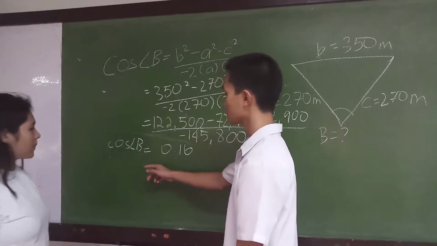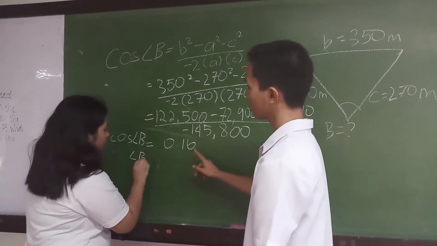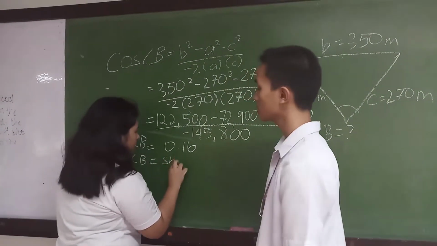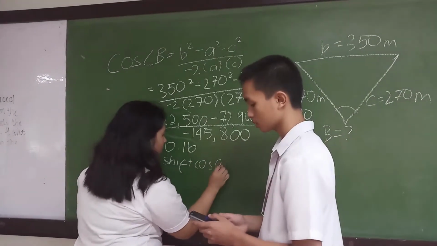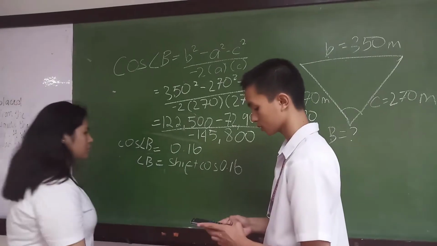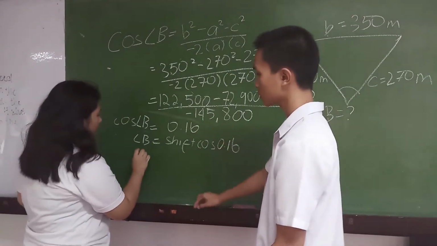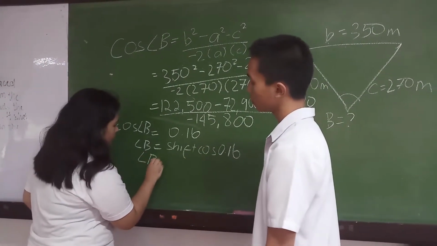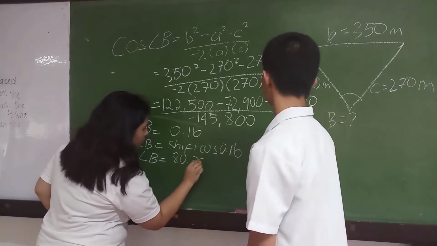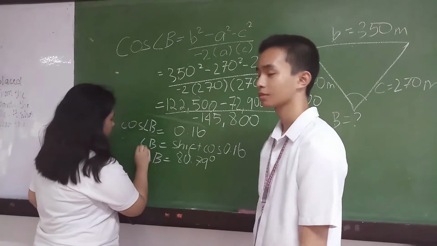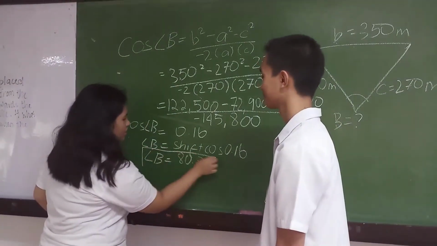Angle B equals shift cosine 0.16. Angle B is equal to 80.79 degrees. This is the final answer.